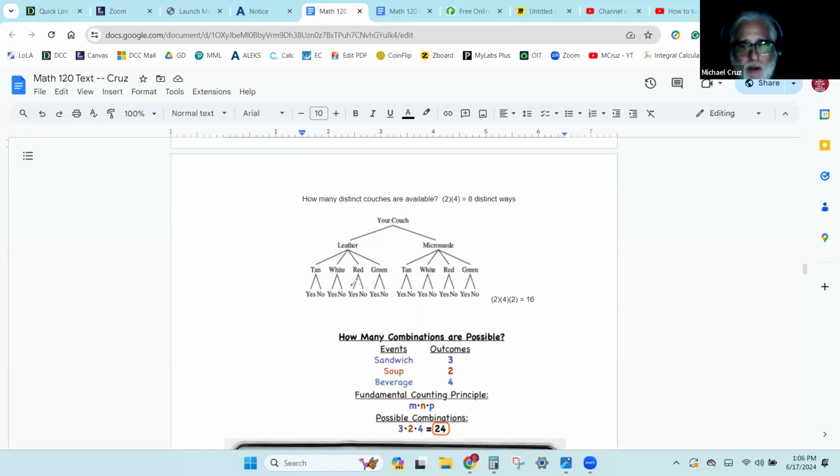And we can see them there. Tan leather with recliner, tan leather with no recliner, white leather with recliner, white leather, no recliner, red leather with a recliner, red leather with no recliner, and so forth. Over here, you've got micro suede green with a recliner, without. So there are 16 possible ways to make these couches our own by making those 3 choices.